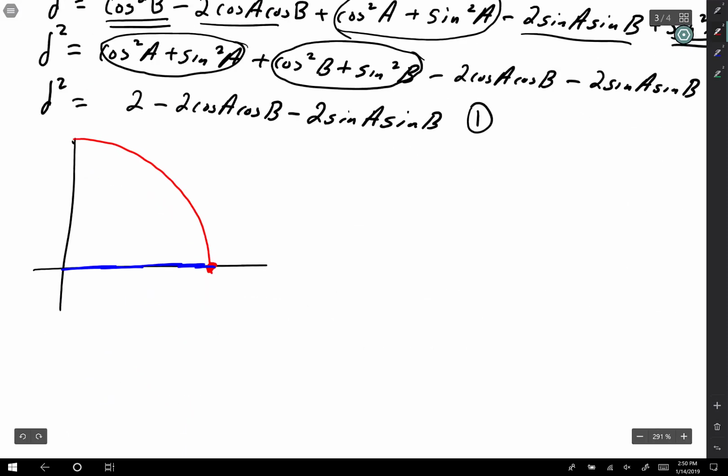So there's that blue line, and here is the red line again. And this distance here is still a minus b. So this coordinate, I'll do it in blue, is going to be cosine of a minus b, comma, sine of a minus b.